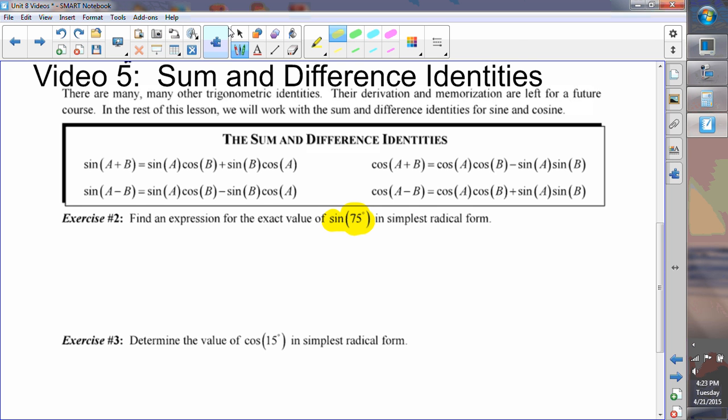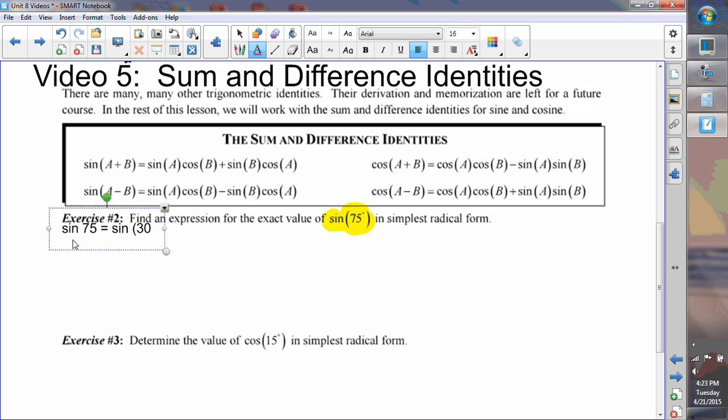Well, if you think about the angles I gave you as an example, perhaps you thought about the fact that the sine of 75 degrees is really the same as the sine of 30 plus 45. If you thought about that, you said, I can find the sine of 30 and I could find the sine of 45, but I don't know how to find the sine of 75, then you're already onto the right track.